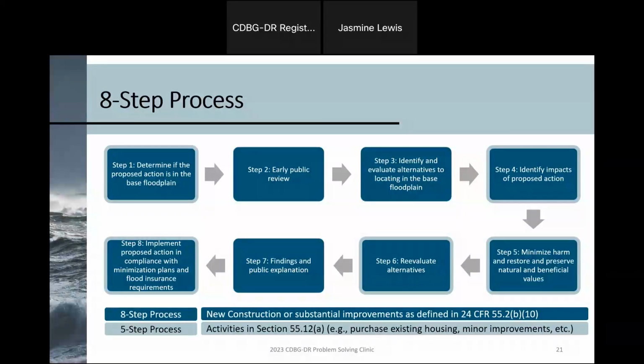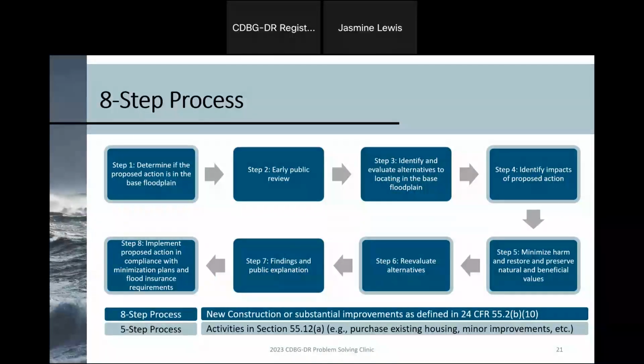We want to take a look at the area to see if we are in the floodplain. Perhaps there is another site across the street that is suitable for the same project, but is outside the floodplain. Or you may have to consider different areas of your city as well. In addition, if there are no other alternatives, we're looking to minimize the impacts of the particular project on the wetlands and the floodplain, but also on the project itself, the inhabitants of that project, and the surrounding community.